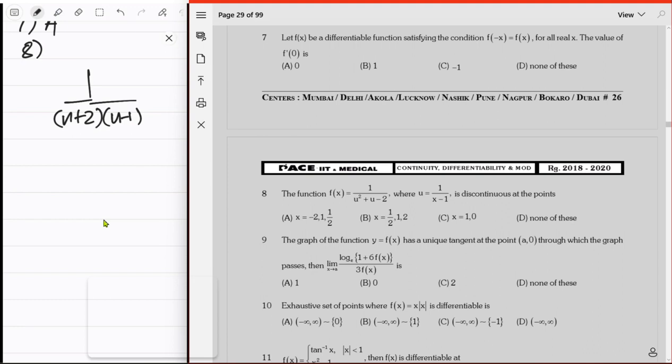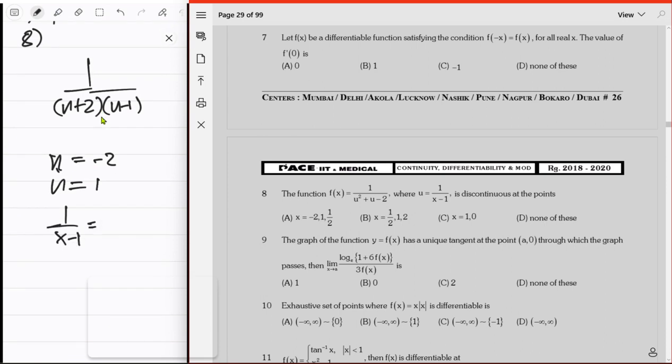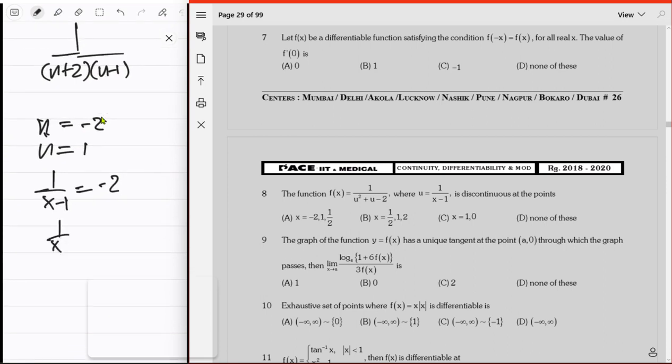Otherwise, what points do you have where it's discontinuous? One point would be whenever u is equal to negative 2, and the other would be when u equals 1, which would mean 1 upon x minus 1 is equal to negative 2, and 1 upon x minus 1 equals 1. So x minus 1 is equal to negative 1 upon 2, so x equals 1 upon 2, right? And the other is x equal to 2, right?